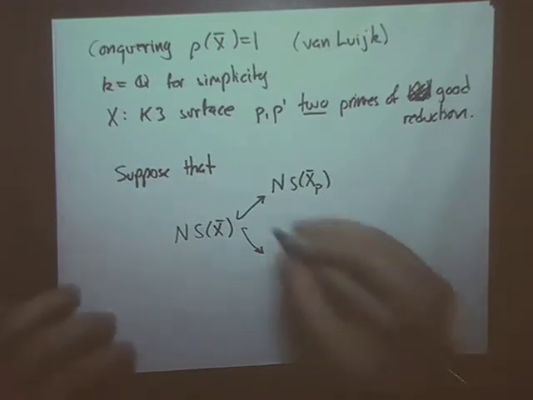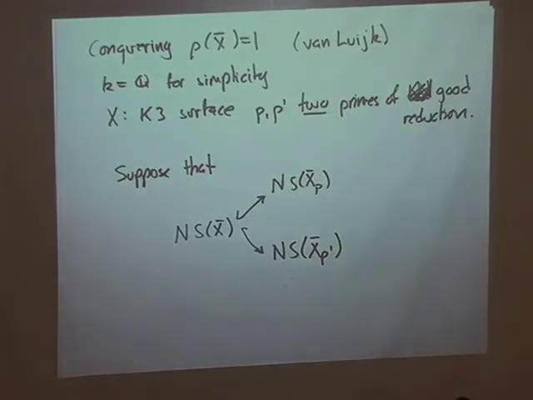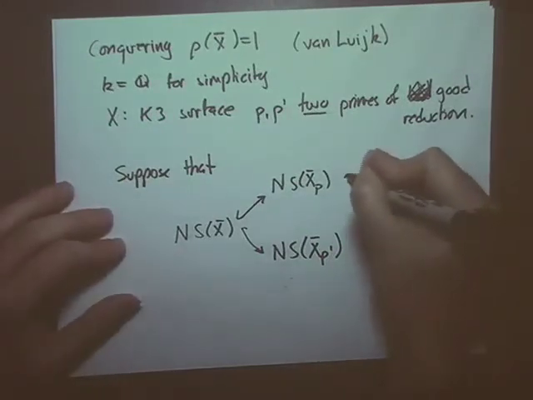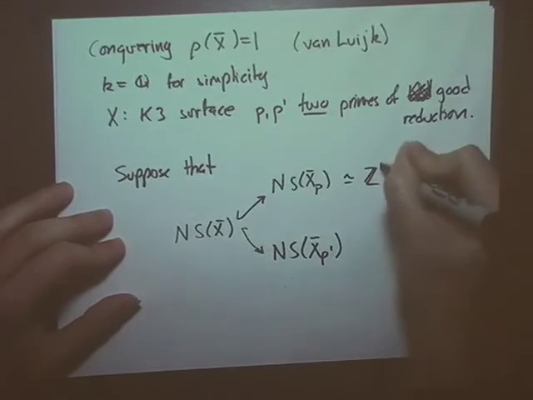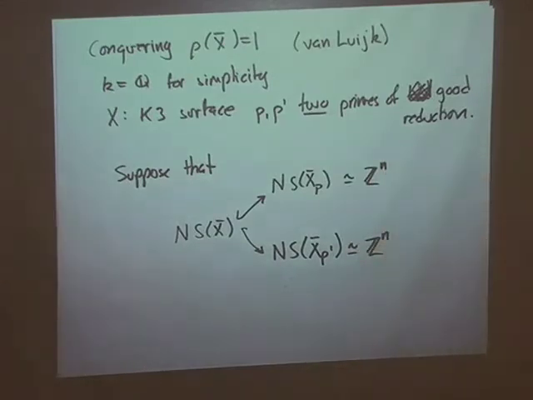Okay, so I have these 2 injections, and suppose that we can show that this is rank n, and that this is also rank n. How would we show something like this? Well, we do the kind of calculation that we already did to determine this n, and suppose that this happens. So this is the simplest situation where we would apply this method.